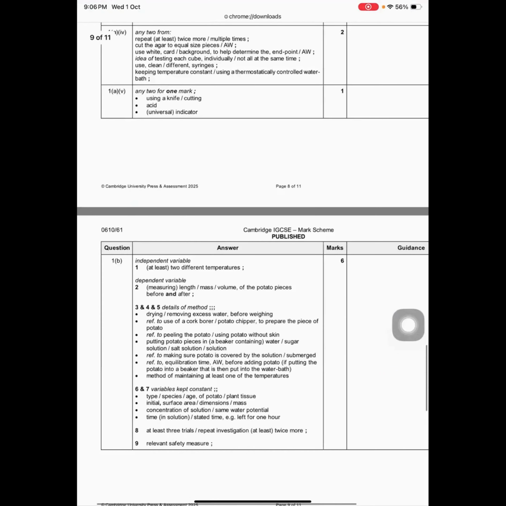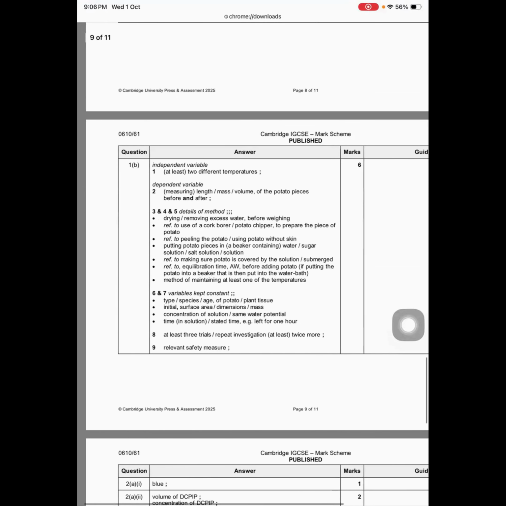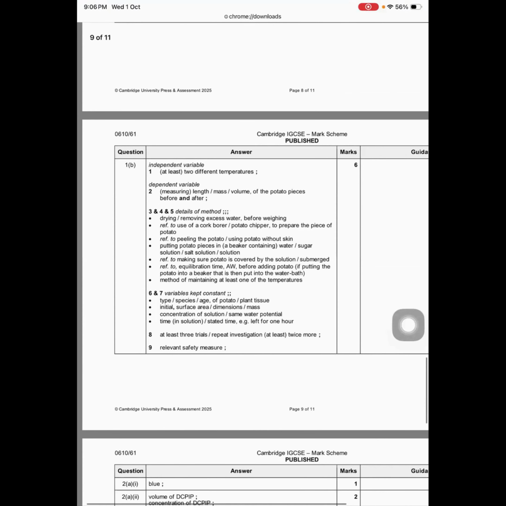So here, he mentioned what can be controlled as variables kept constant. Can you see? Type, species, age of potato, plant tissue, area, mass, surface, size, concentration of the solution, the water potential, the time left for 1 hour. He gives you 2 points only for constant.